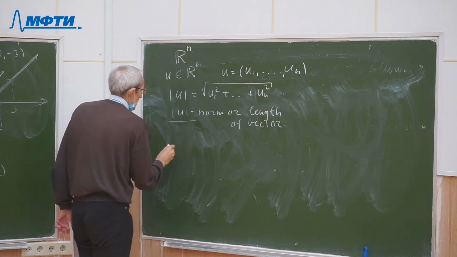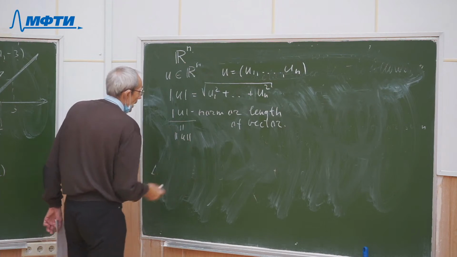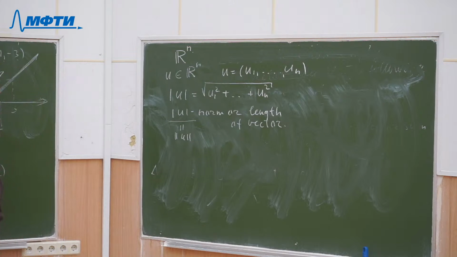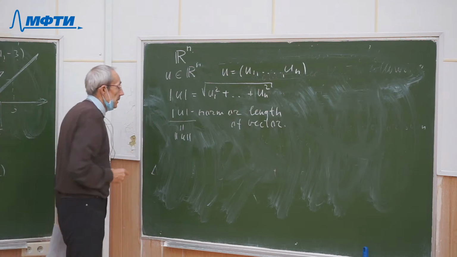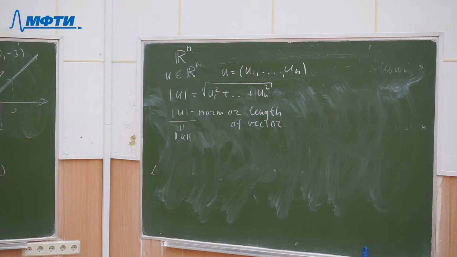What does this notation mean? This is some abstract new object, and we will define the norm or length of vectors by some properties.